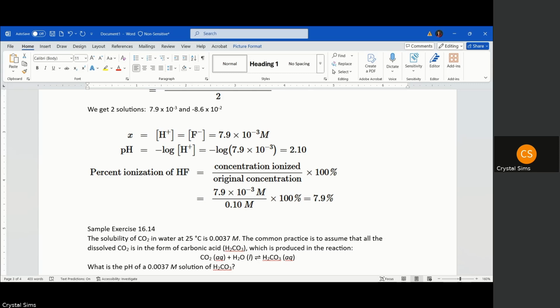Now, carbonic acid, which is H2CO3, is a diprotic acid, which means it has two acid dissociation constants. It goes through two successive ionizations. It goes from H2CO3 to HCO3 minus, and then finally into CO3 2 minus.